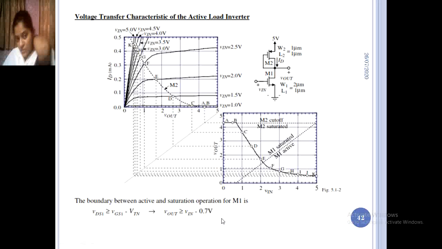This graph represents the voltage transfer characteristics of the active load. For this circuit we have taken ID versus Vout for various values of Vin, and we have transferred that into Vout versus Vin. So we get the same points from the first graph to the second graph.